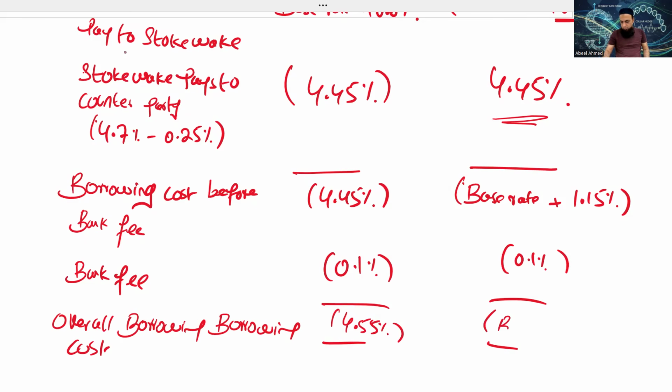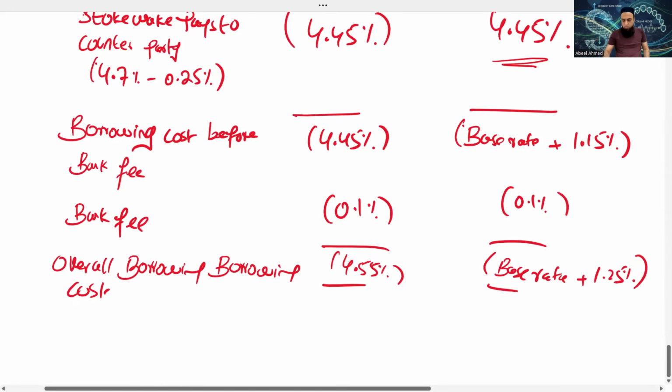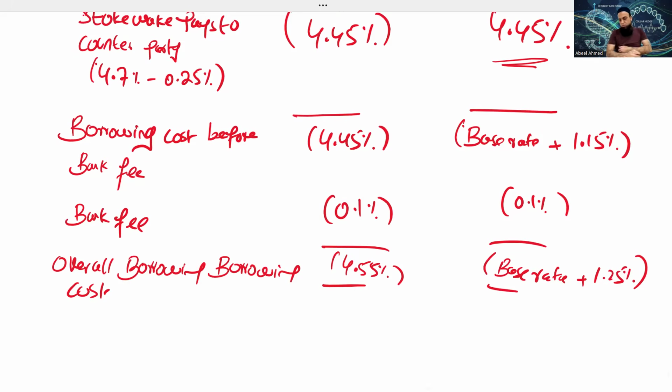Here it will be base rate plus 1.15 plus 1.25. So the overall borrowing rate for Stoke Wake is 4.55, and for the counterparty it is base rate plus 1.25.